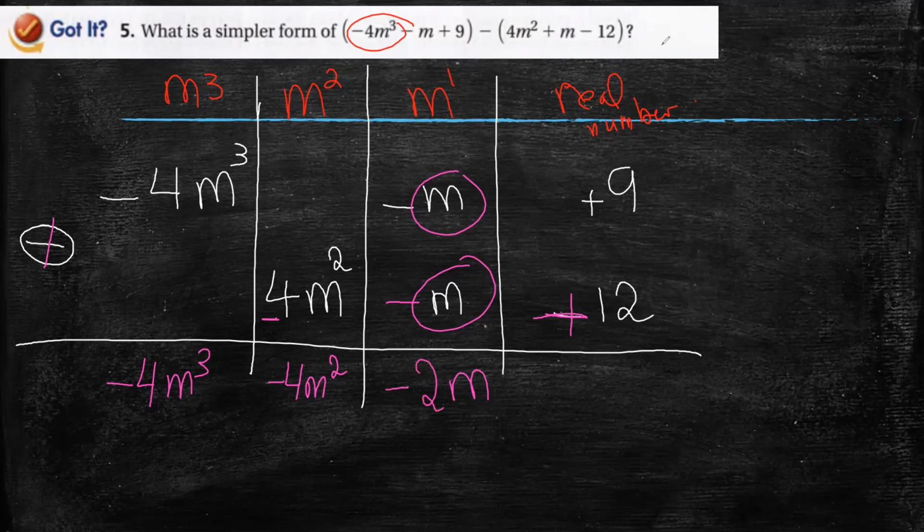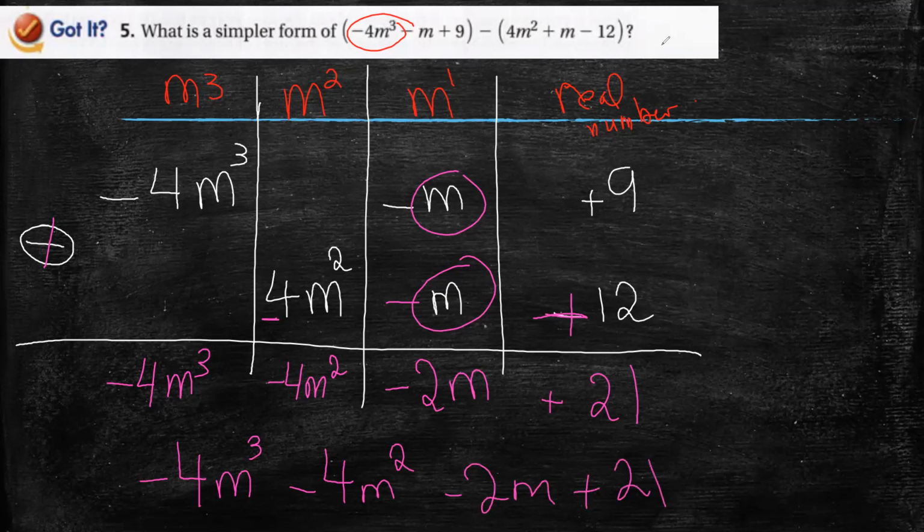And plus 9 plus 12 equals 21. So the final answer here is negative 4m cubed plus negative 4m squared plus 2m plus 21.